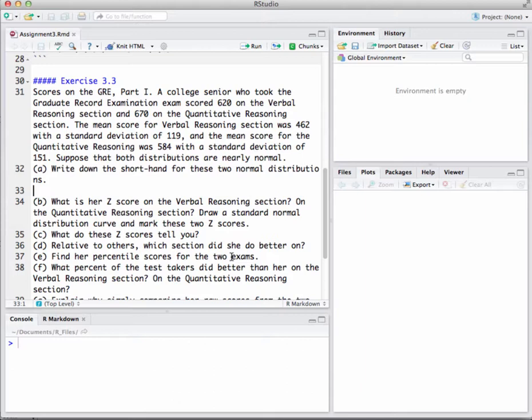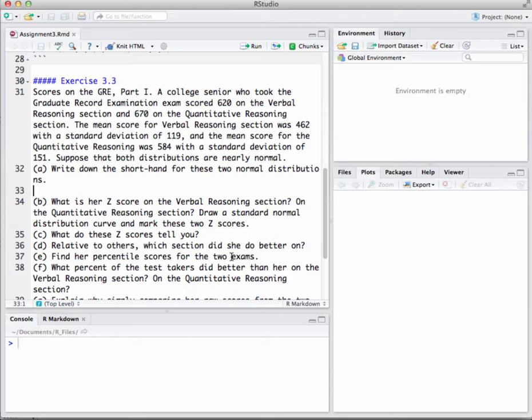So a college senior who took the graduate record exam scored 620 on verbal reasoning and 670 on quantitative reasoning. The mean score for the verbal reasoning was 462 with an SD of 119. The mean for the quantitative reasoning was 584 with an SD of 151. Assume both distributions are nearly normal.